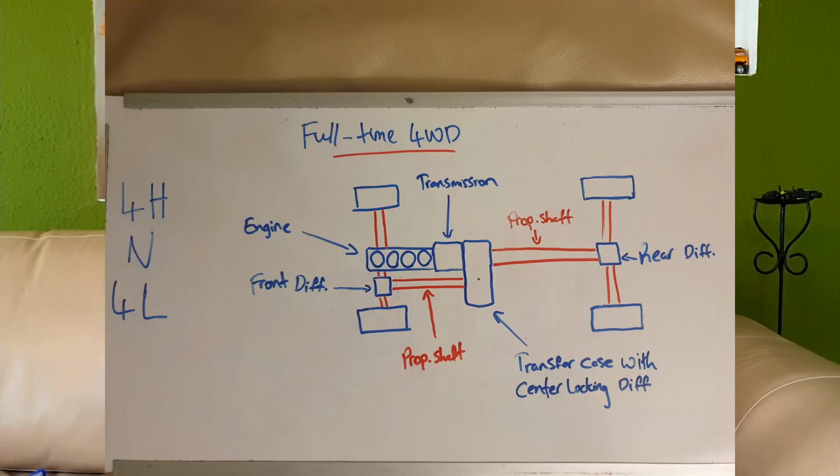When comparing a full-time 4-wheel drive to a part-time 4-wheel drive, the full-time 4-wheel drive has a transfer case which includes a center diff, and unlike the part-time 4-wheel drive, this transfer case can only select from 4H and 4L. When compared to an all-wheel drive vehicle, the center diff of a full-time 4-wheel drive vehicle has a diff lock, but a center locking diff only comes in a few all-wheel drive vehicles.